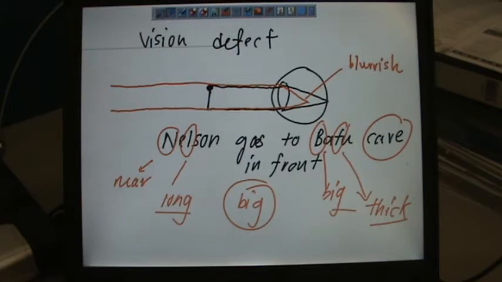Because of this, the image is focused in front of the retina, so you have a case of vision defect. And this near thing is what we call nearsighted. Nearsighted means you can see near, but can't see far.